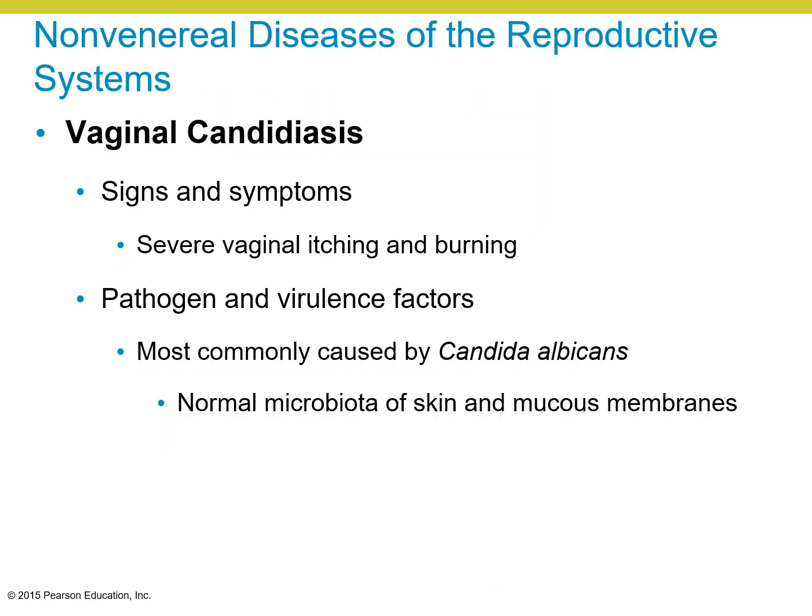Okay, we move on to vaginal candidiasis. We mentioned the bacterial infections of the urinary tract. Now we're moving on to fungal infections, and the most common and famous infection is vaginal candidiasis, a very common term.